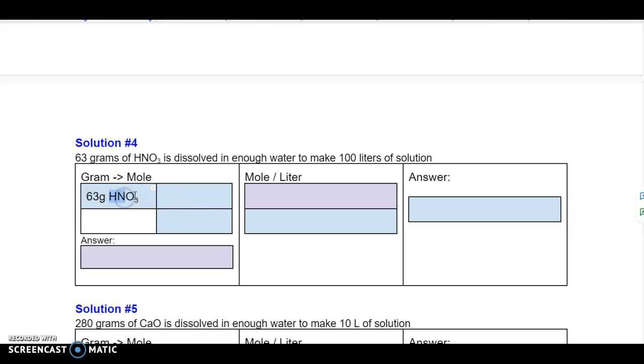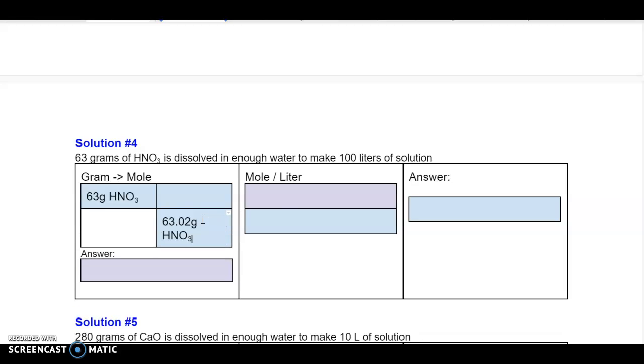So we're up to 15.02 with the first 2. And then oxygen, you're going to add 16 3 times. So plus 16, plus 16, plus 16. So 63.02 grams of HNO3.